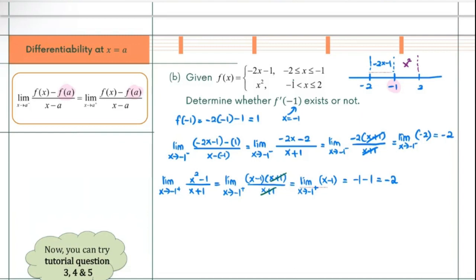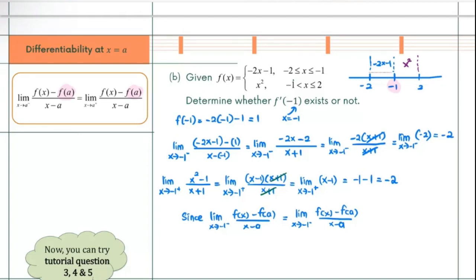Okay, so in this case, negative 1 from the left dapat negative 2 dan negative 1 from the right pun dapat negative 2. So what can we conclude? Since limit of x approaching negative 1 negative of fx minus fa divided by x minus a, panjang pula conclusion dia, is equals to limit as x approaching negative 1 from the right of fx minus fa divided by x minus a.